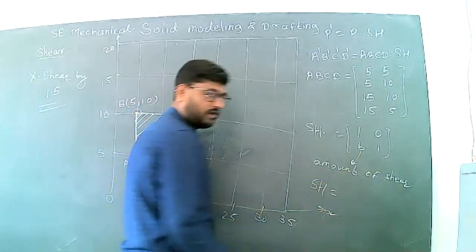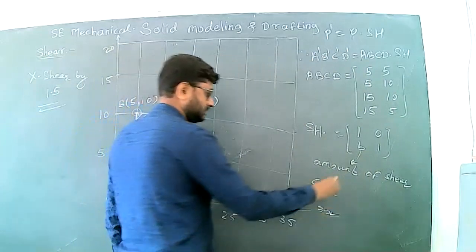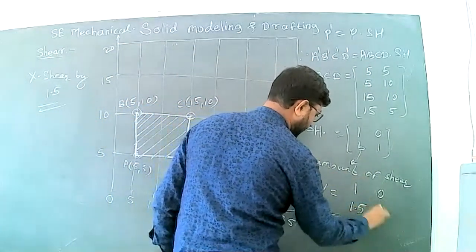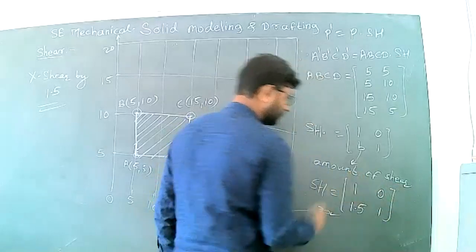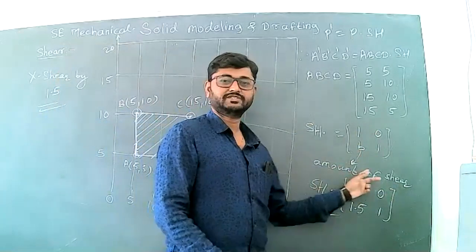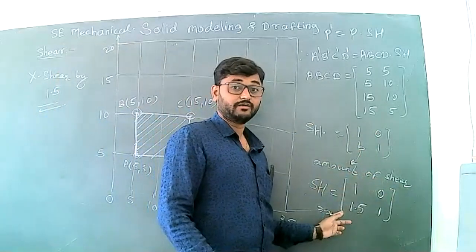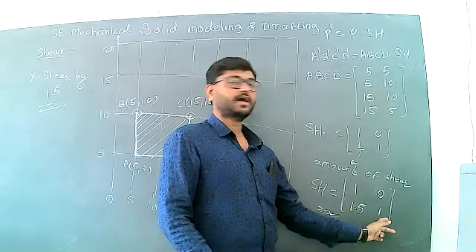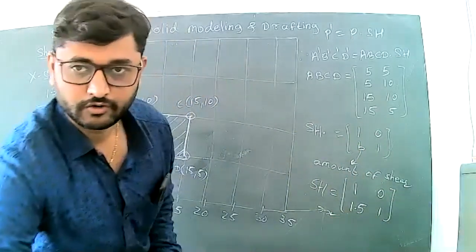Our shear equation in the form of a matrix becomes [1 0; 1.5 1].